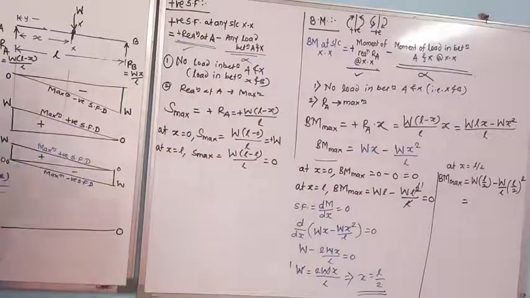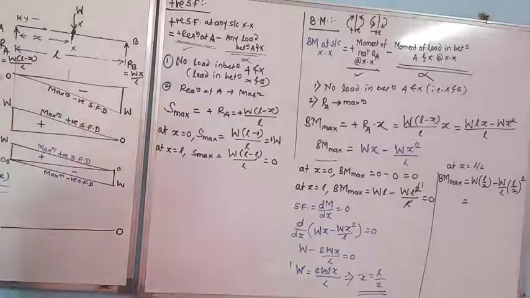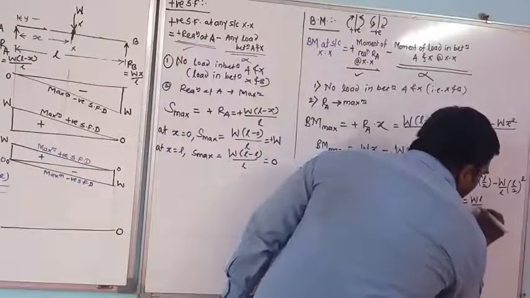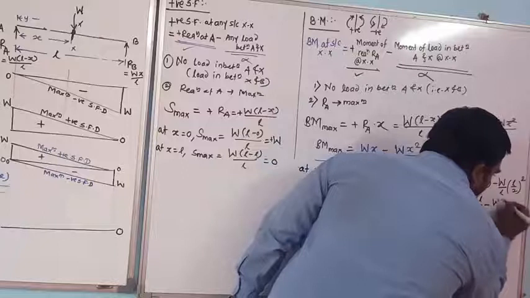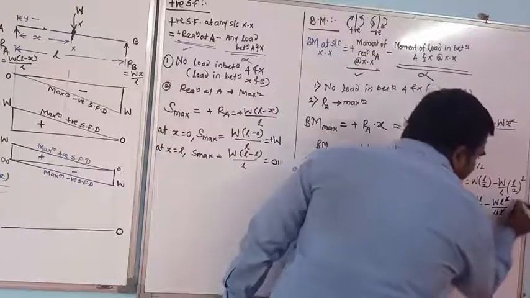After simplifying that, what will I get? I will get the maximum bending moment value. Let us simplify that. That is WL by 2 minus WL square divided by 4L.